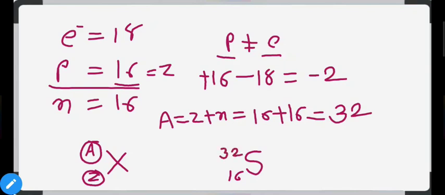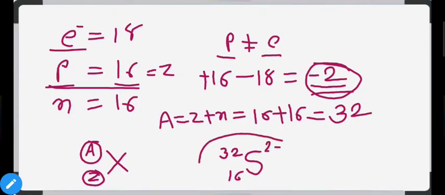But since the numbers of electrons and protons are not the same, the charge of the species is minus 2, which we mention as a superscript on the right-hand side. So the complete symbolic representation of the species having 18 electrons, 16 protons and 16 neutrons is sulfur-32 with a 2 minus charge.